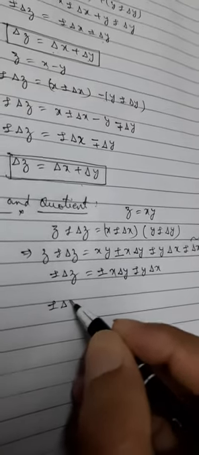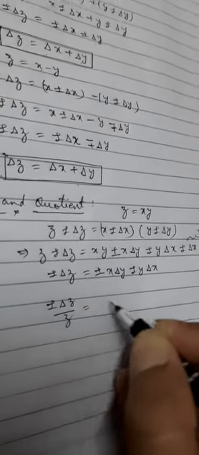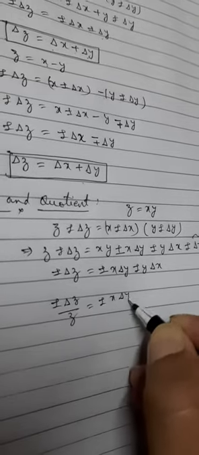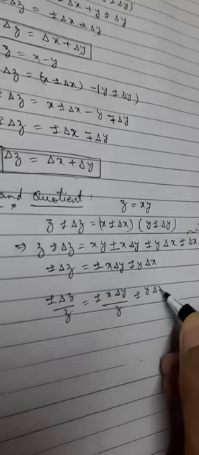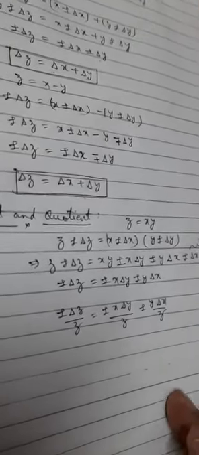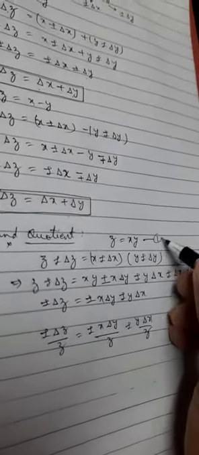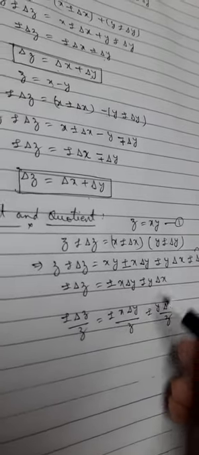So plus minus delta z by z is equal to plus minus x delta y upon z plus minus y delta x upon z. In this term z is equal to xy, so I am substituting here.